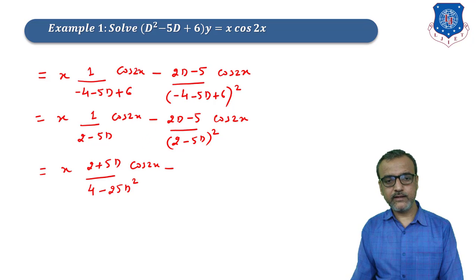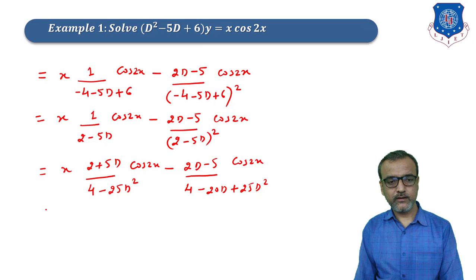Then after 2d minus 5, now expand 2 minus 5d the whole square by applying the formula of a minus b the whole square, that is a square minus 2ab plus b square. So we have 2 square, that is 4, minus 2 into 2 into 5, that is 20d, plus 5d square. So that is 25d square, cos 2x.